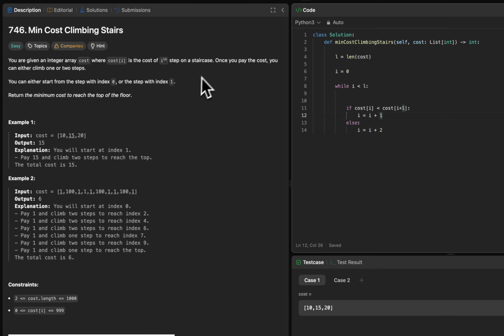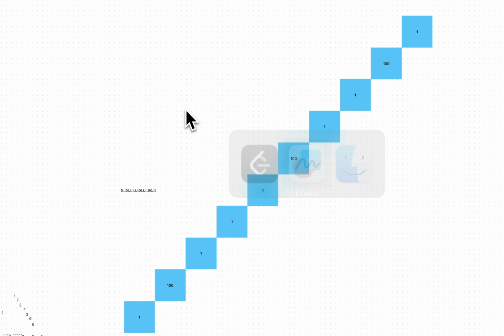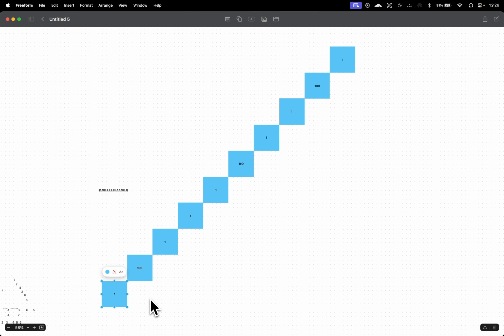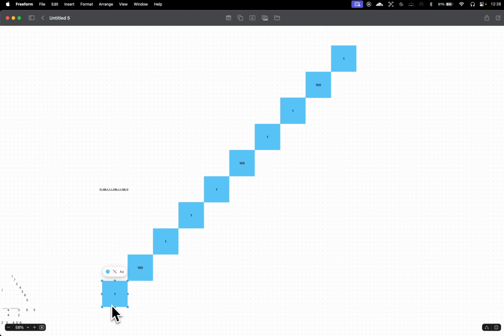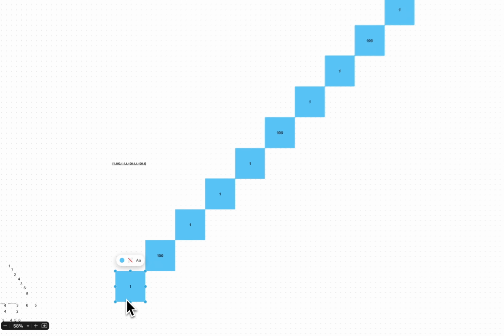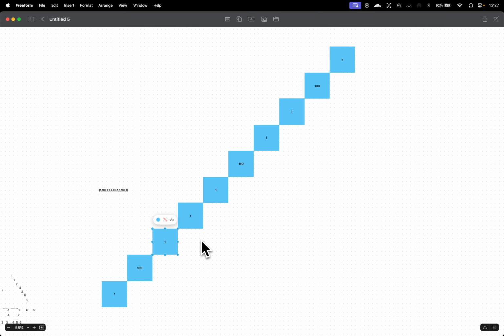Wait a second. Once you pay the cost, you can climb either 1 or 2 steps. 1 I had to give anyways, okay? But I need to find the minimum of this, no? Which cost do I want to pay? Do I want to pay this one or this one? I want to pay this one. Then I can go to i plus 2.